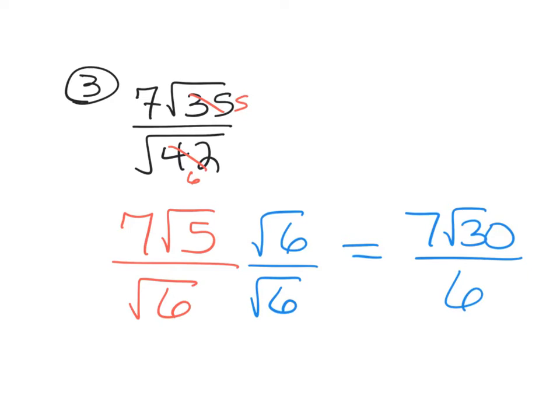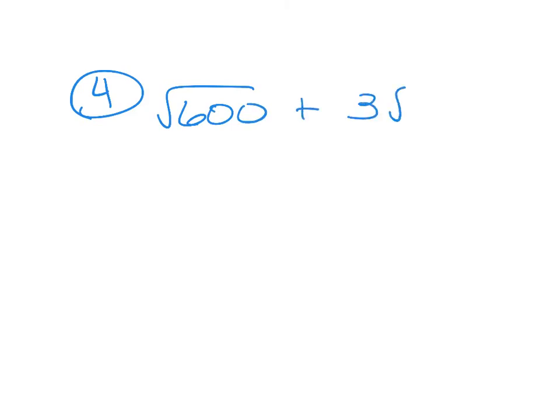Okay, now we're going to add radicals. Again, remember when we're adding square roots, the number under the square root has to be exactly the same. So what I need to do when my square roots are really large is simplify them first. Now, I'm not going to go all the way to prime.